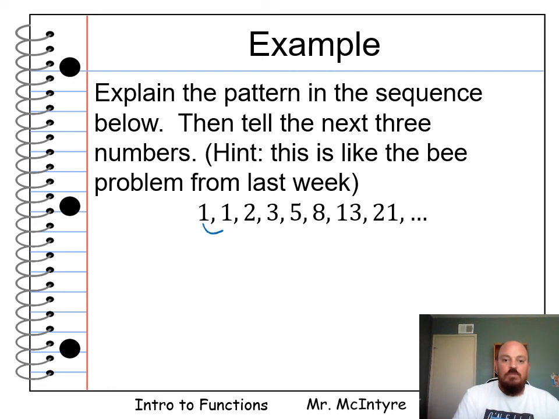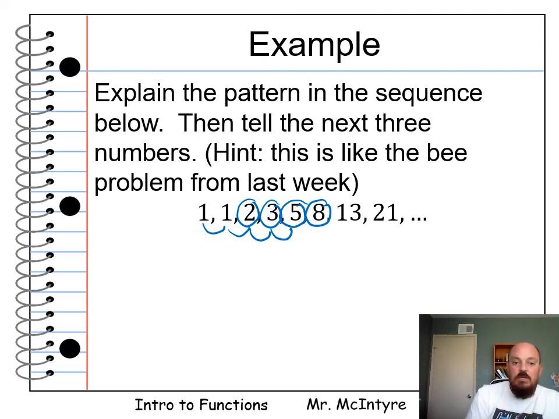So like 1 plus 1 gives me the 2, 1 plus 2 gives me the 3, 2 plus 3 gives me the 5, 3 plus 5 gives me the 8, and then it keeps going from there. So that's your pattern. What you're doing is adding each 2 terms to get the next term.